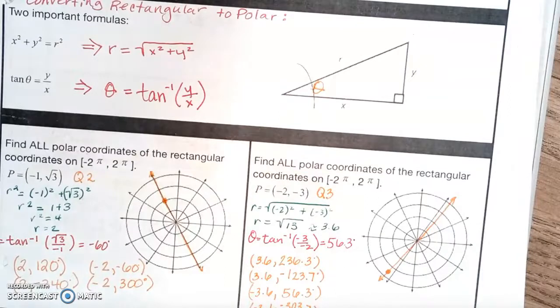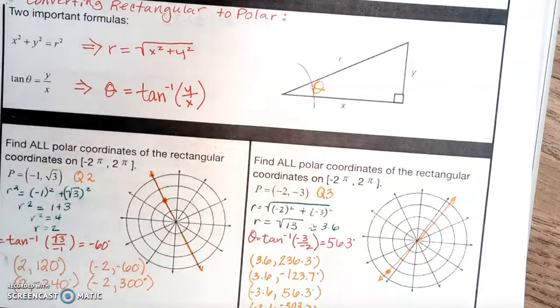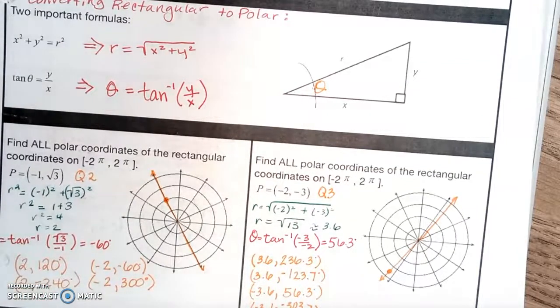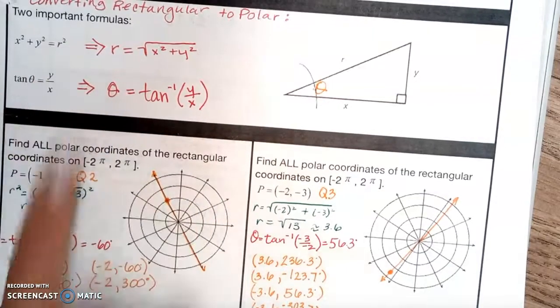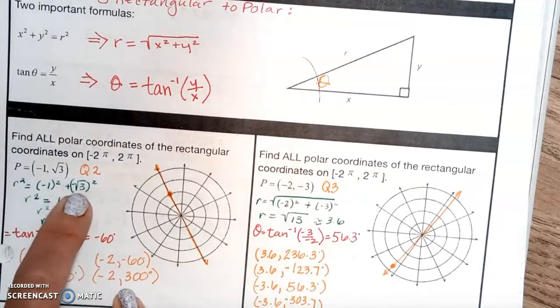All right. So for the box on the left, it says find all the polar coordinates of the rectangular coordinates of negative 2 pi to 2 pi. So if we're given a point at negative 1, rad 3, first we need to convert it. Okay, so we're going to plug it into the r squared equals the negative 1 squared plus the rad 3 squared.